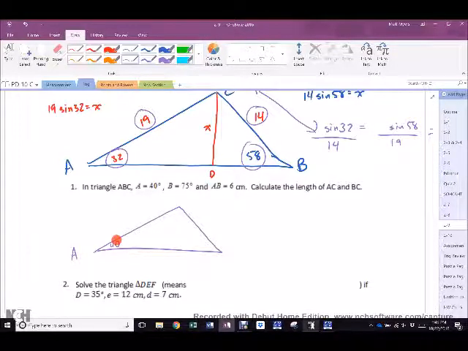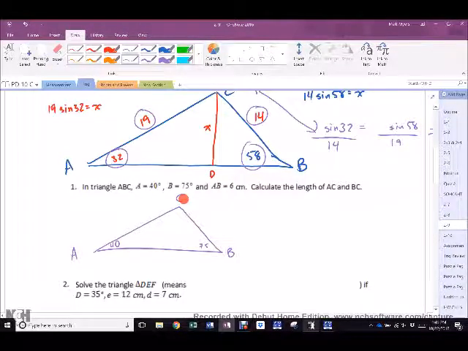Okay, where should I put B? The way I've drawn it, I should put it over here, yes? Because this has to be bigger than 90, the way I've drawn it, yeah? Everybody cool with that? So this must be what? C. Everyone agree? All right.